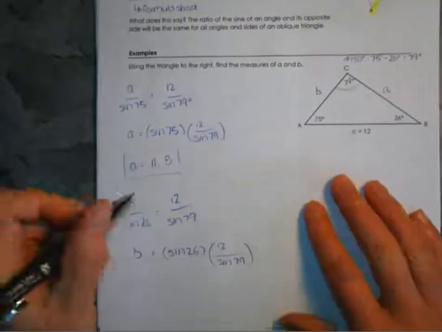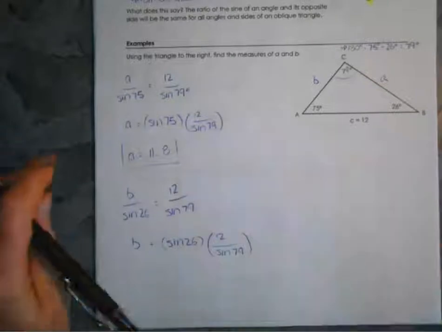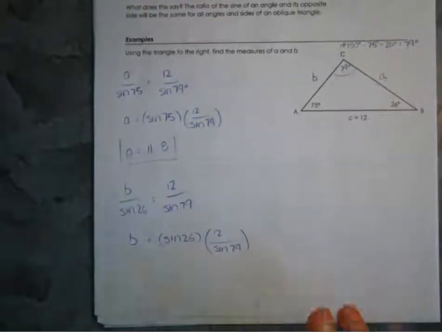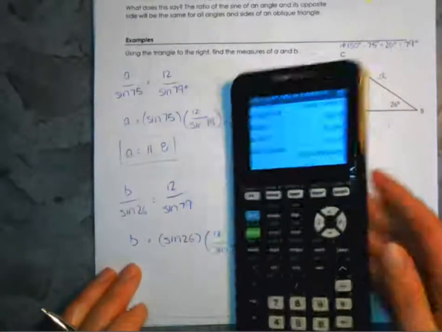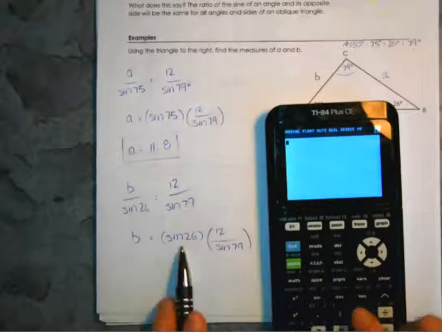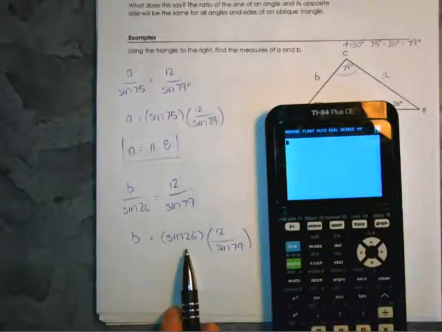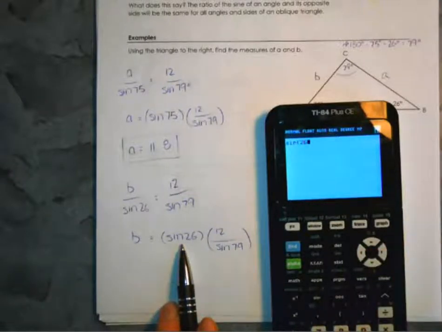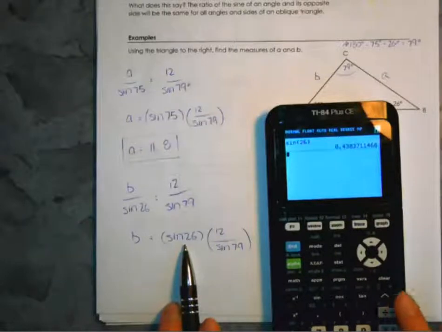Now just really quickly, I want to show you guys, like I've been trying to keep up with here, making sure you're putting in good order of operations. There are a couple of ways you could do this. Personally, what I would do is sine 26 and then enter that.